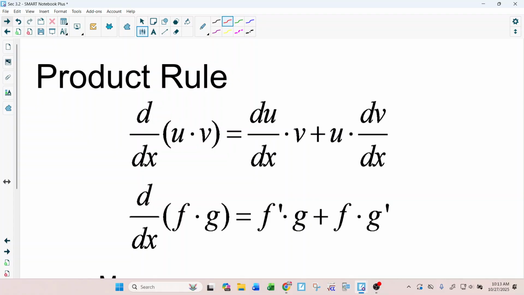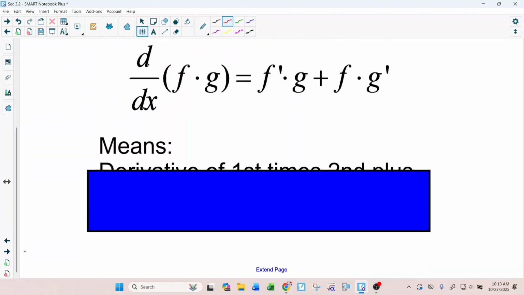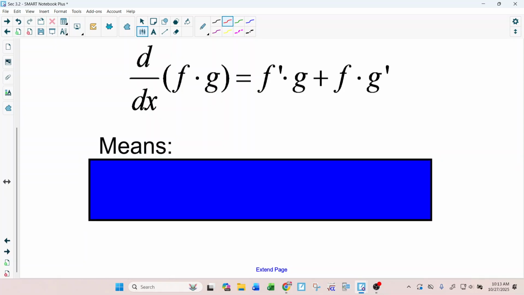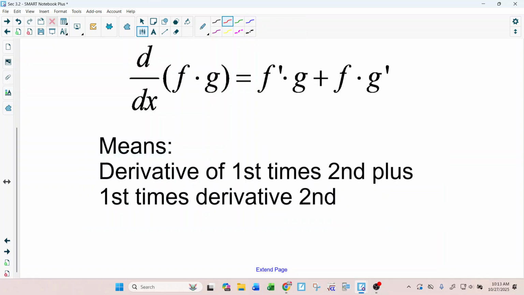Now, product rule is one where it's really, really important for us to remember this formula. Instead of remembering it like it's written, we're going to remember it in words. So whenever we do product rule, this is the part you want to remember. The product rule says the derivative of the first times the second plus the first times the derivative of the second.